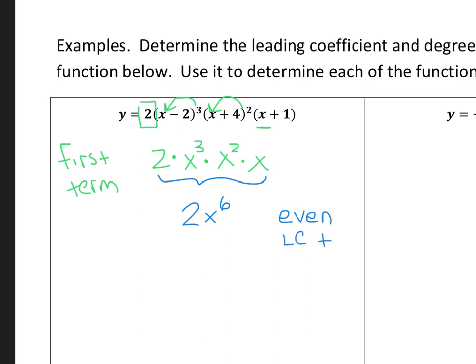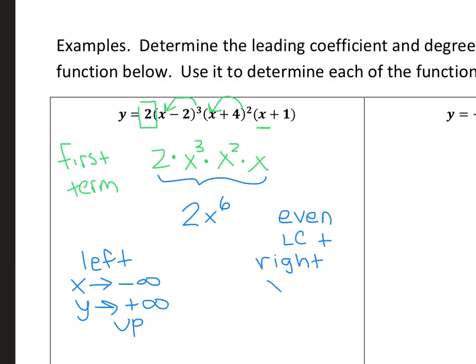And so on the left side of the graph, in other words, x is approaching negative infinity, that negative number raised to an even power is going to result in positive, and a positive times a positive 2 is also going to be positive. So our output is trending up. If I put in a big number for x, in other words, on the right side, I am trending x towards positive infinity.